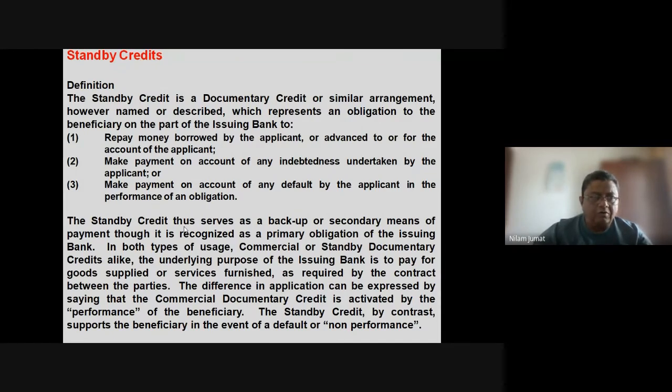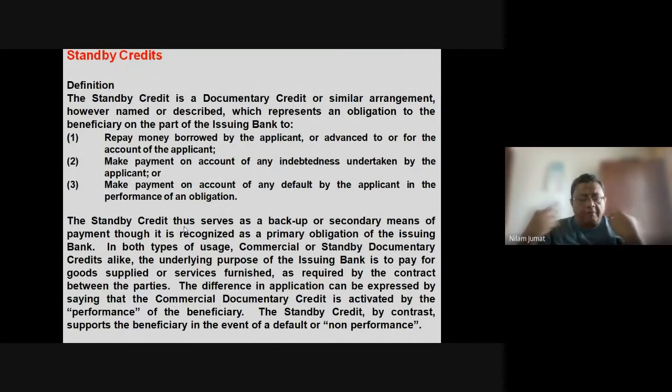Now, I hope I'm not going to confuse you much on this. One more statement I want to make. In a normal LC, what is the exporter saying? Exporter is saying, here I have done my job. I have performed. I have shipped the goods. Shipping the goods is a performance, right?